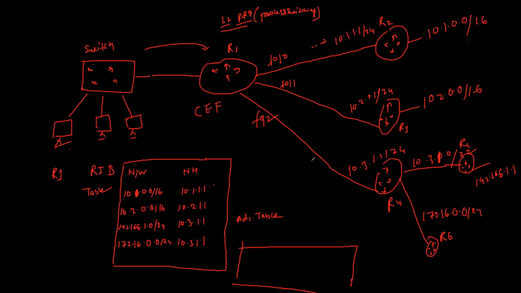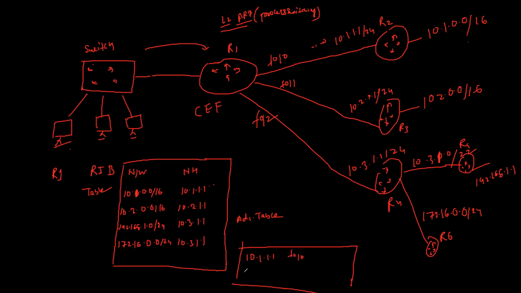So it is going to put all these things. That 10 dot, adjacent router. This is adjacent router. So 10.1.1.1 connected to which interface?